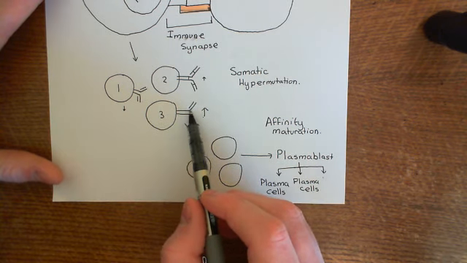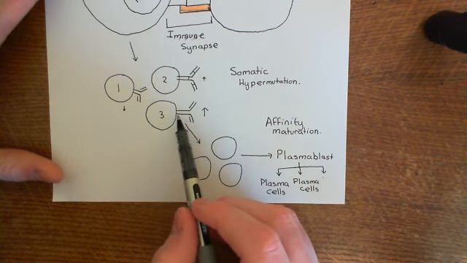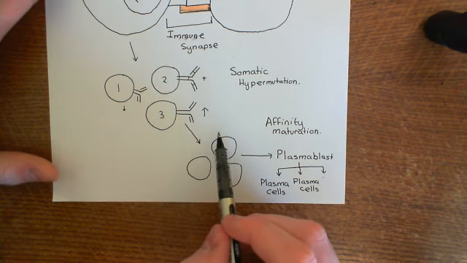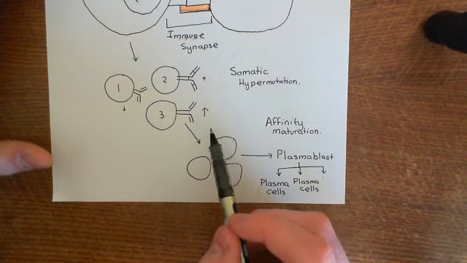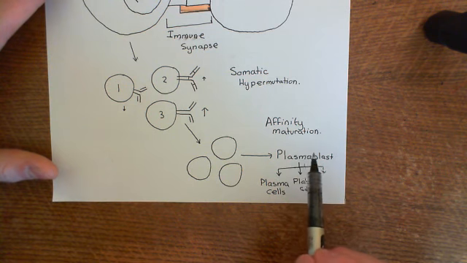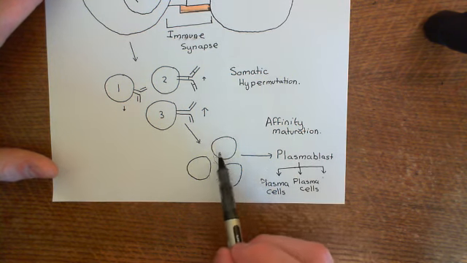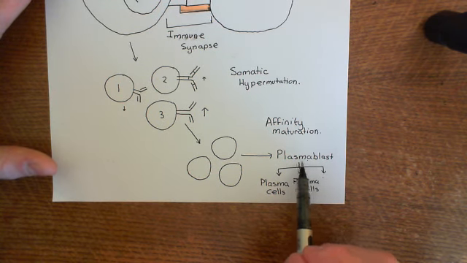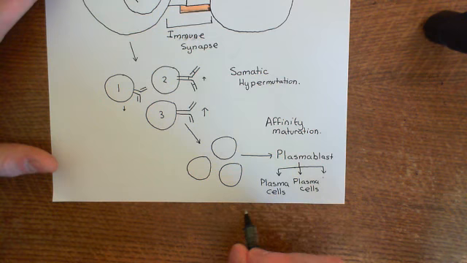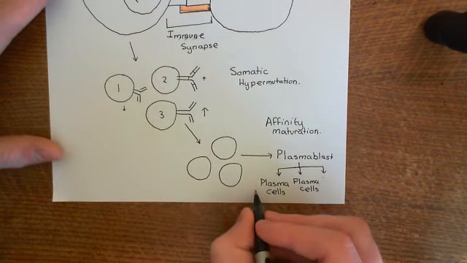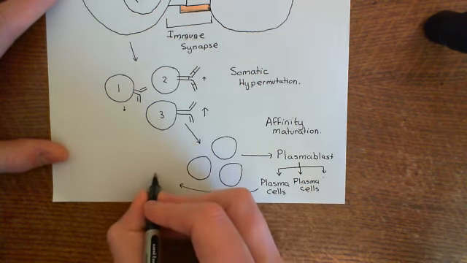Initially you use the constant mu region, which gives you IgM forms of antibody, but you can switch to using a different constant region, and that will result in you producing different types of antibody, and then the plasmablast that you produce will produce that different type of antibody. Often they will class switch to an IgG form of antibody. The plasmablast will then produce IgG, and then the plasma cells will produce IgG, and this will not have the membrane binding portion. So you won't include that membrane binding portion, and therefore you'll produce soluble IgG that's targeted against citrullinated protein 6.